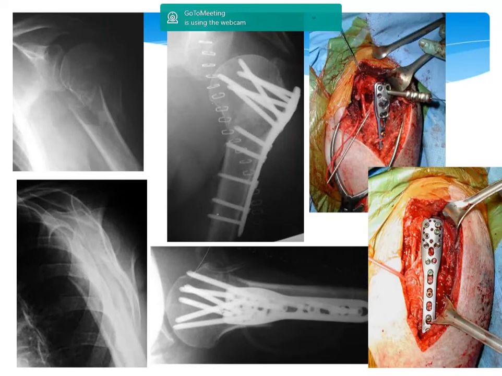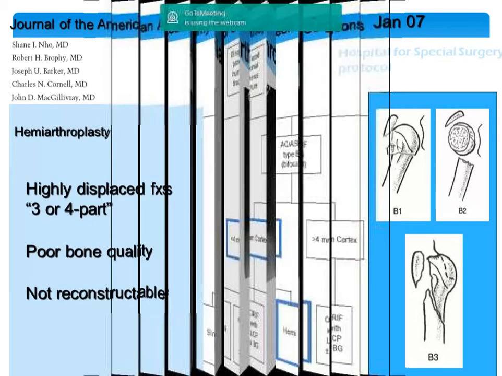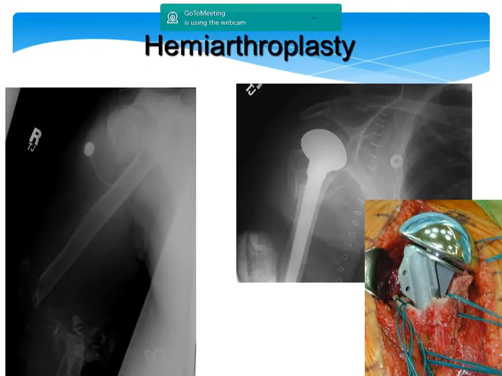Okay, this one is the two-part fracture which is fixed with the plate. So open reduction and internal fixation. So hemiarthroplasty is like this. So this is the Neer's prosthesis, which is used for the hemiarthroplasty of the shoulder.